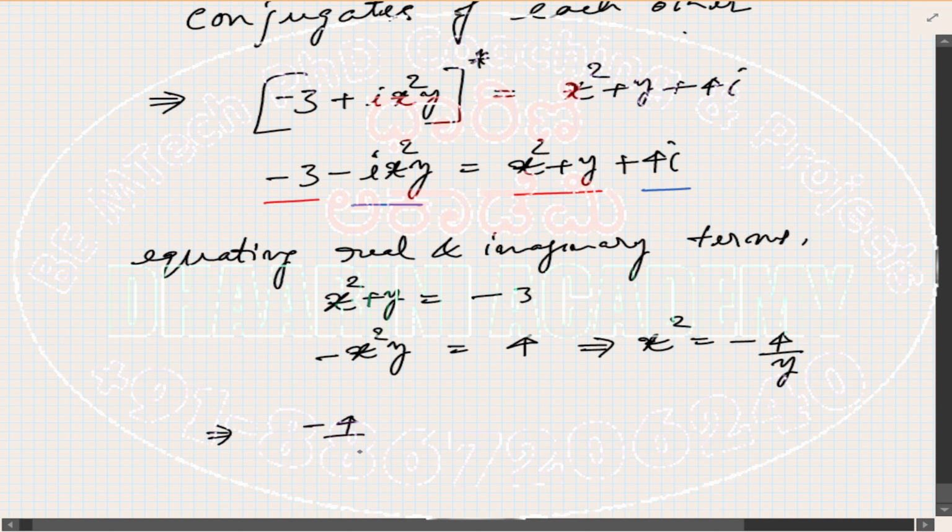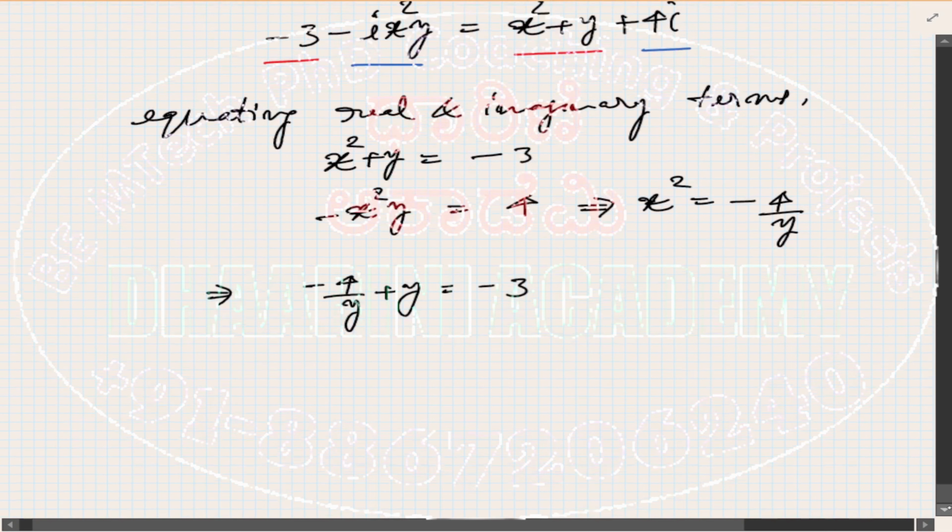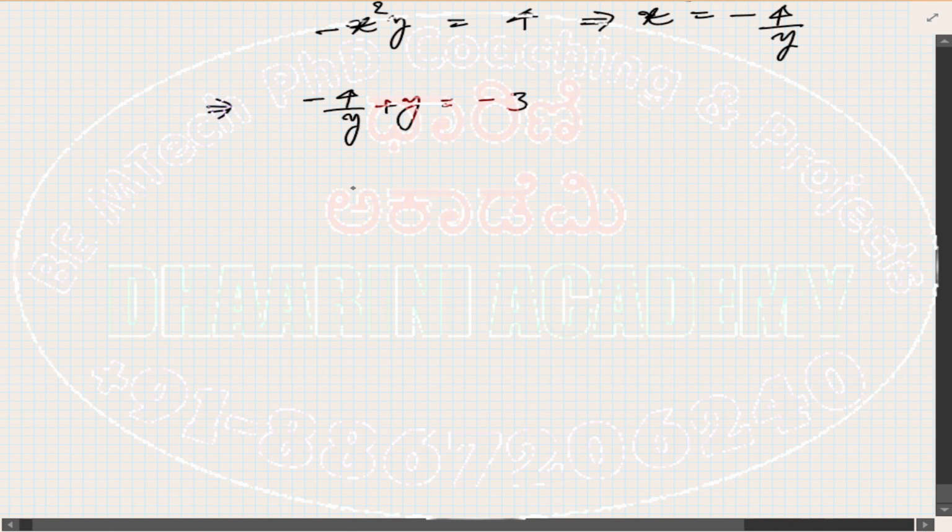This is -4/y plus y equals -3. Now cross multiply and bring the terms to the same side. This means I multiply the whole equation by y. This is -4 plus y squared equals -3y. So y squared plus 3y minus 4 is equal to 0.